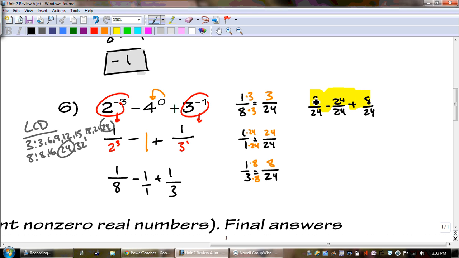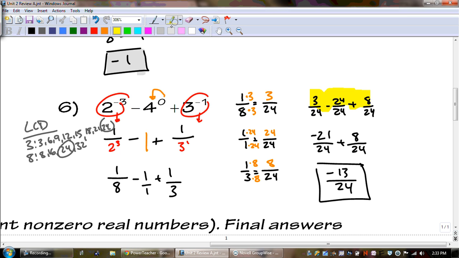Or you could do them one at a time, like 3 minus 24 is negative 21 over 24. And then we're going to add 8 over 24. So negative 21 plus 8 is negative 13. And we can't reduce it, so that's our final answer.